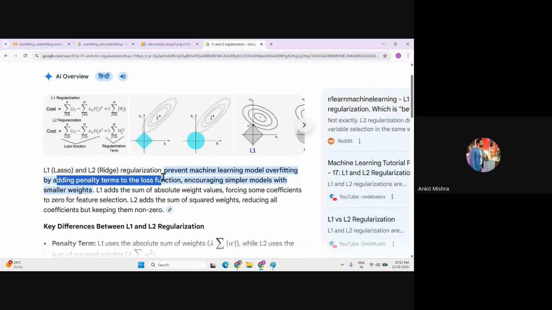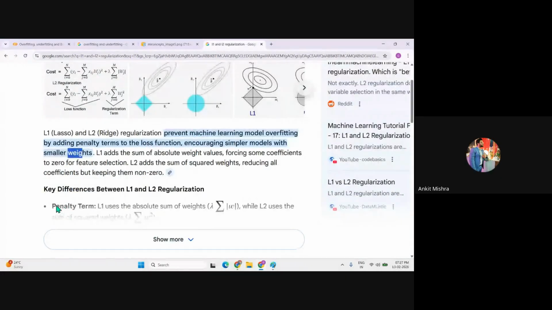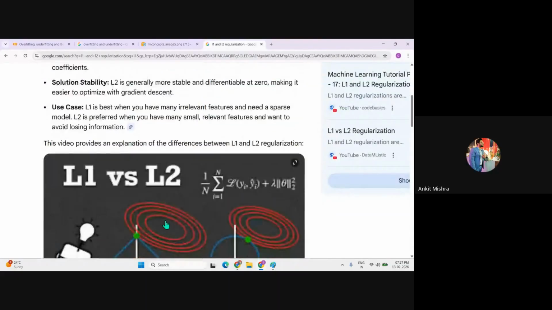The loss function is whatever loss function we use, like mean absolute error, mean squared error, and root mean square error. So that the simpler model with simple weights can be retained, and the weights having large miscalculation will be penalized more. So you are just adding the penalty term, and the formula looks like this.